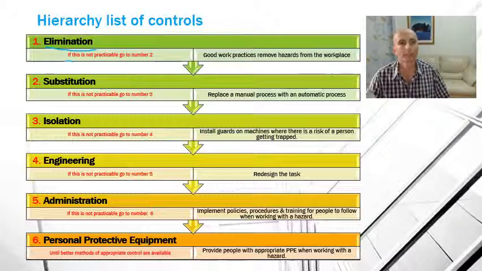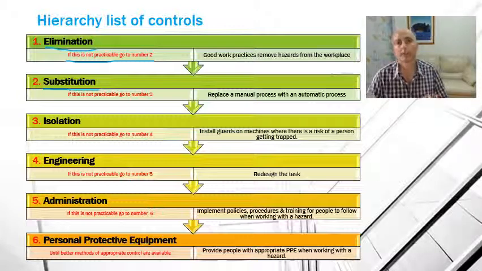Now you'll notice under here, if this is not practicable, go to number 2. So if we haven't been able to eliminate a hazard, then we go to number 2 in the hierarchy, which is the substitution. So we may replace a manual process with an automatic process.